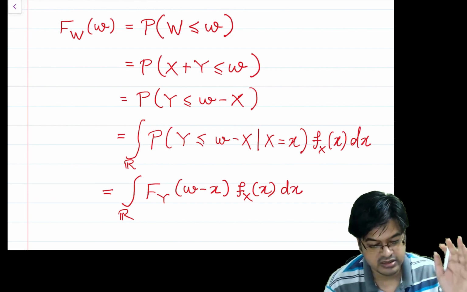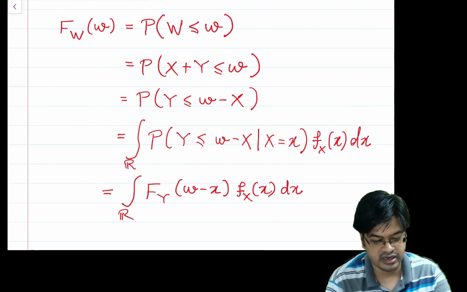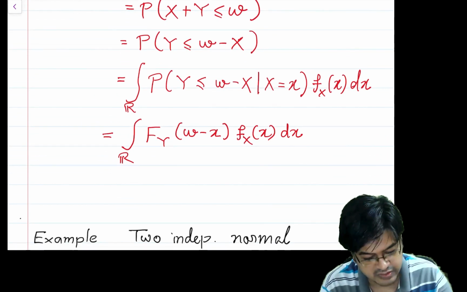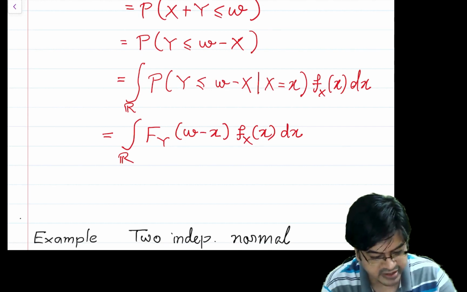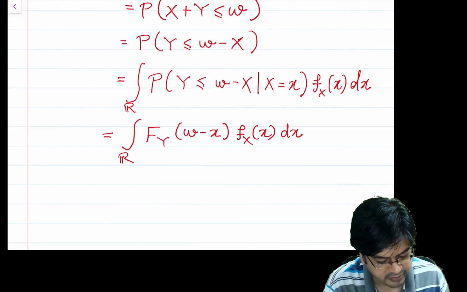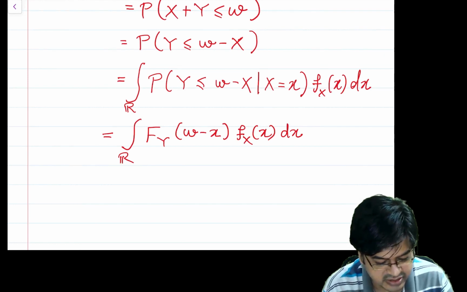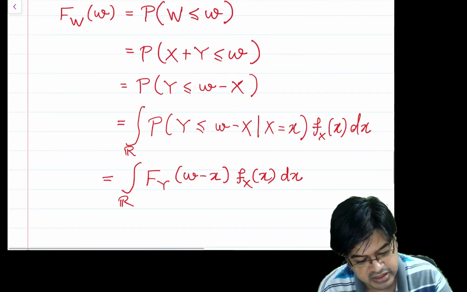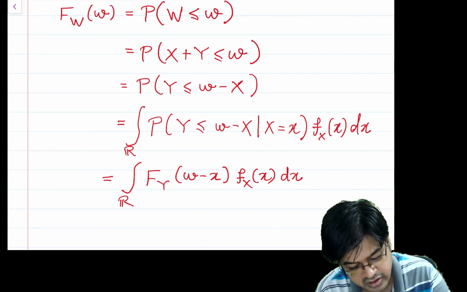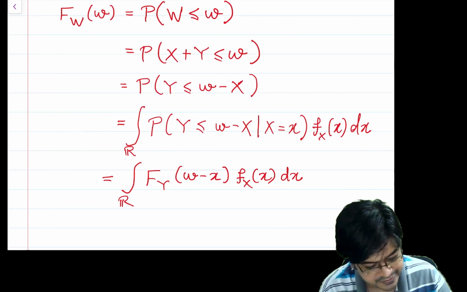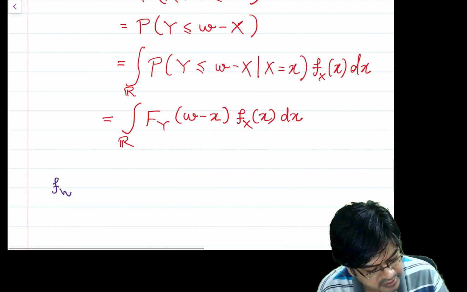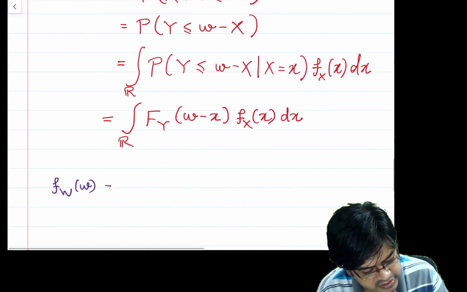Okay, so using the CDF, I got the CDF of X plus Y. Now what I want is to actually derive the PDF. So you can use a similar formulation, that is d/dw of F_W(w).